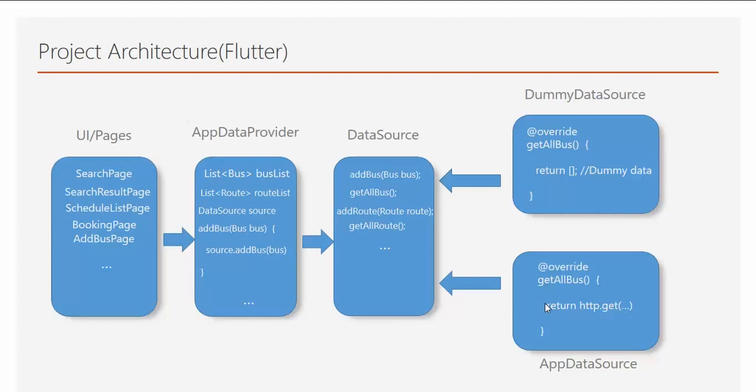And if you have another data source, like we will have in our project, a Spring Boot remote server, then you should create another class, and that class will also extend this data source class, override all the methods, and inside those overridden methods we will have the web request specific code.